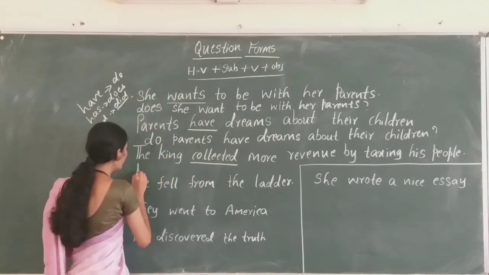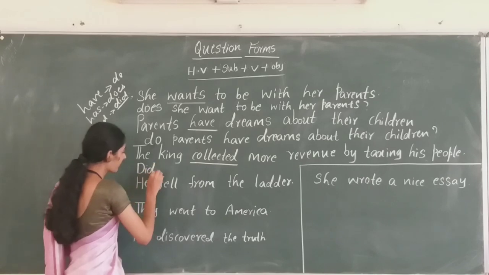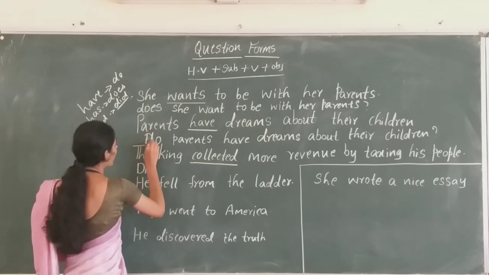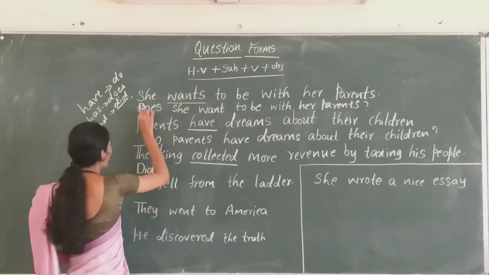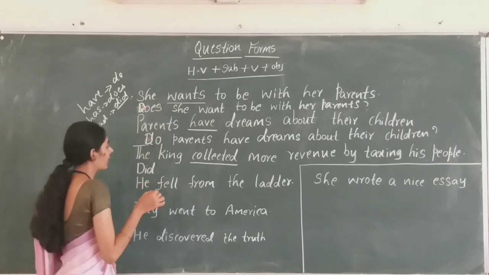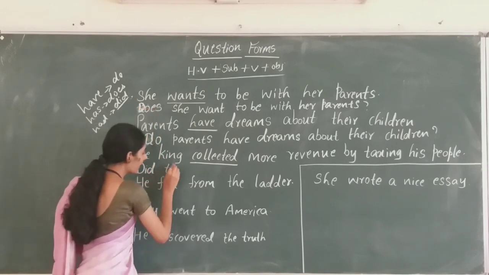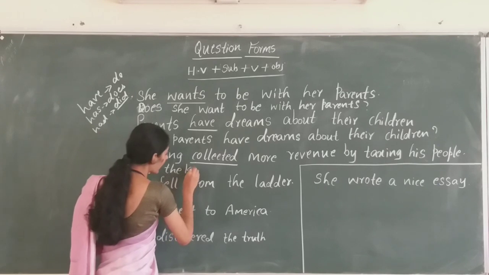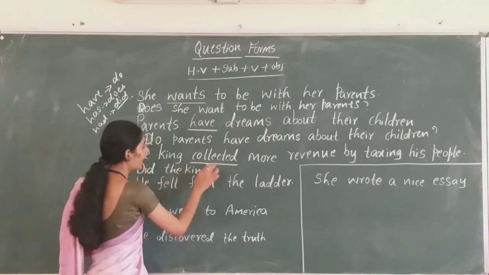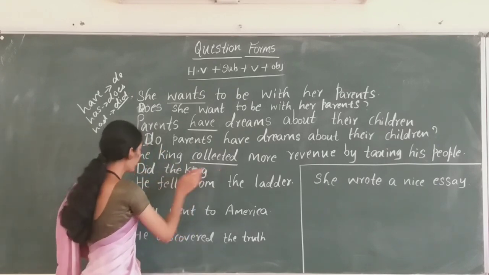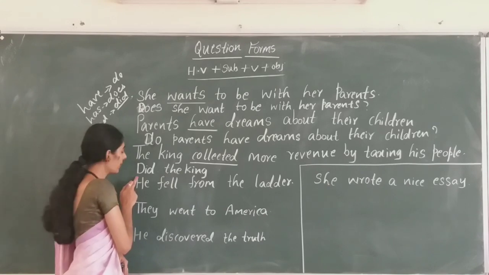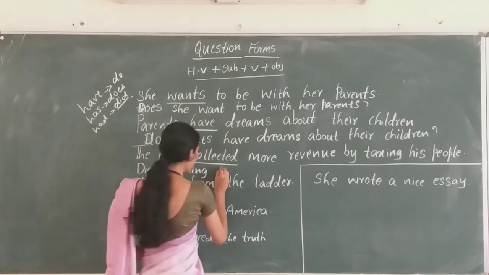So it becomes did, write D in uppercase or capital letter. Did the king, and then not collected, because here we have written did. So did the king collect?